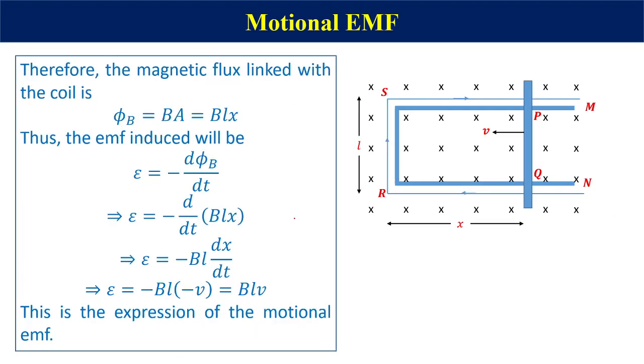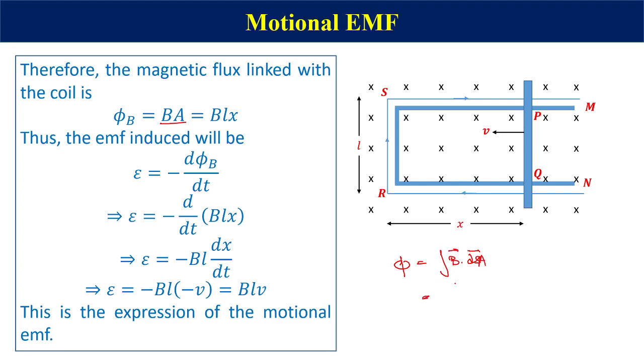Next, what is the magnetic flux associated with this coil? I can write it as phi B equal to B and A. Now remember, magnetic flux linked with a coil is generally given by the integration of B dot ds. That's the common notion. Since I am using A to represent the area, I am writing it as dA.